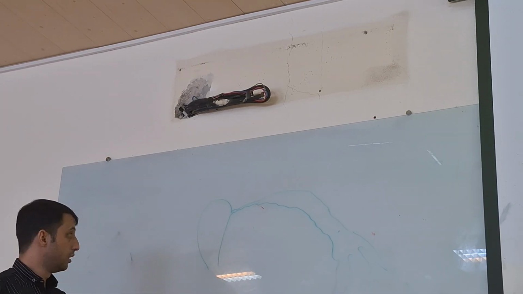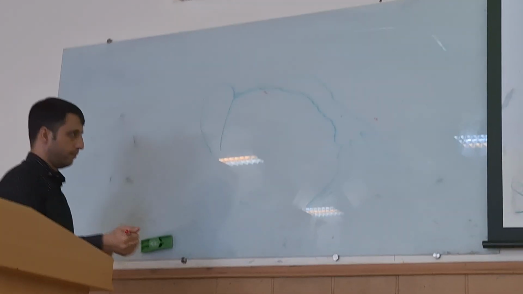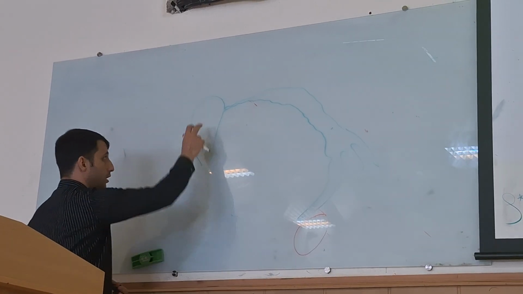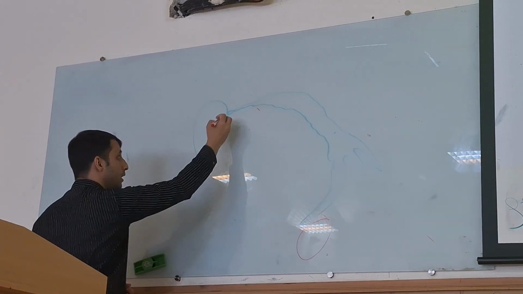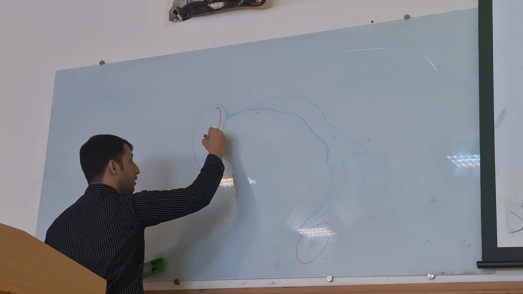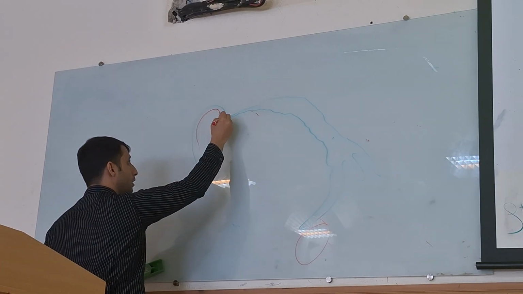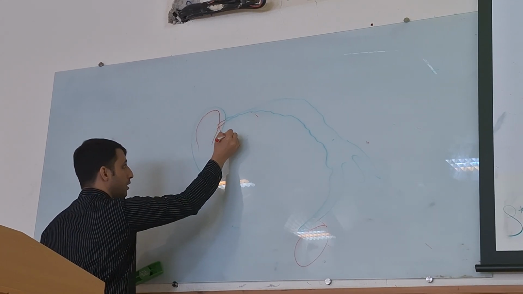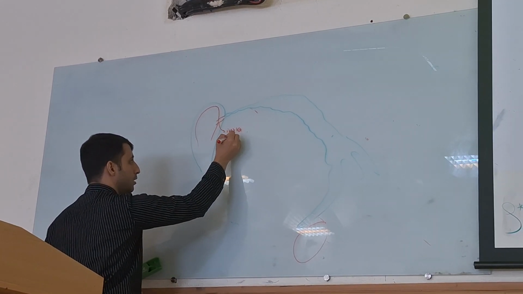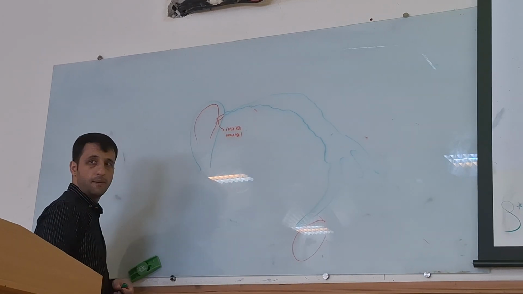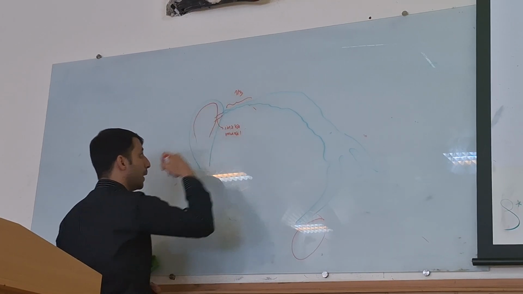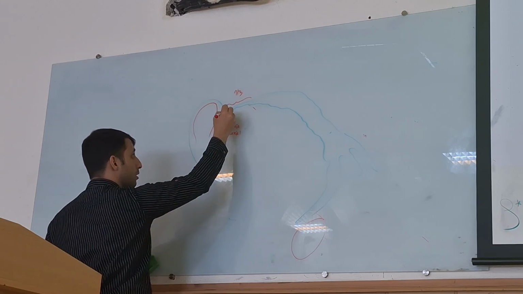Look here. This is the ovary and the uterine tube. This part is named intramural. This part, one third, is named isthmus.